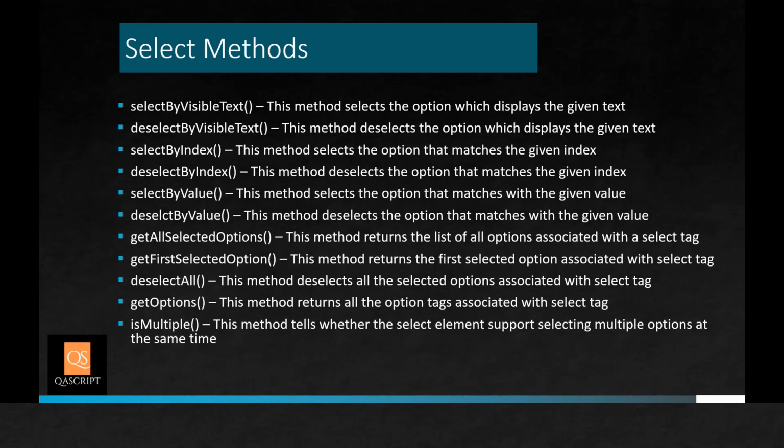So you need to keep in mind that these deselect commands, or get all selected options, will only work when multiple options are selected in the drop down. But in a normal drop down, you can use select by visible text, select by index, or select by value. Get all selected options, get first selected option, or deselect all will only work with multiple select drop downs.